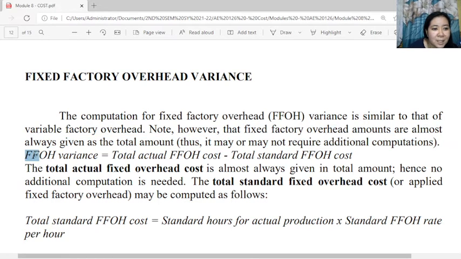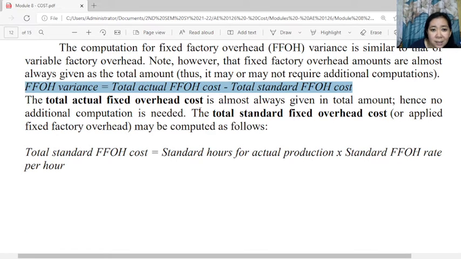Fixed factory overhead variance is equal to total actual factory overhead cost minus the standard fixed factory overhead cost. The total actual fixed overhead cost is always given. Hence, there is no additional computation, unlike with the variable overhead.